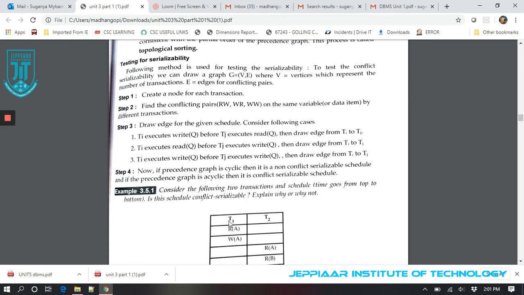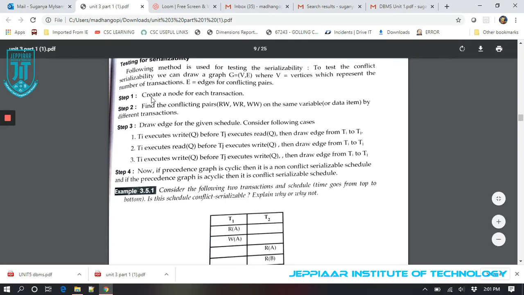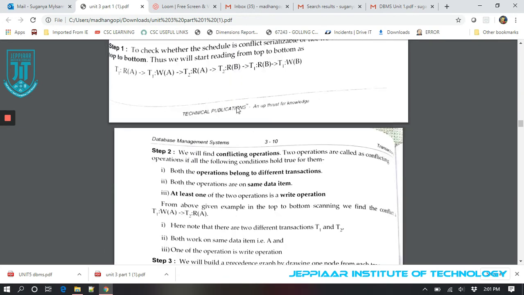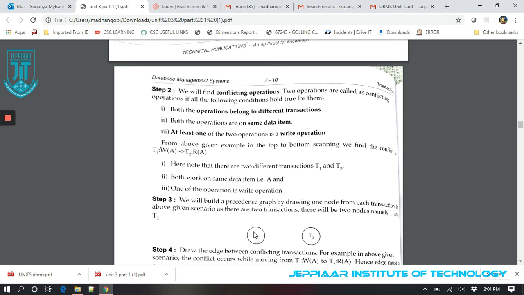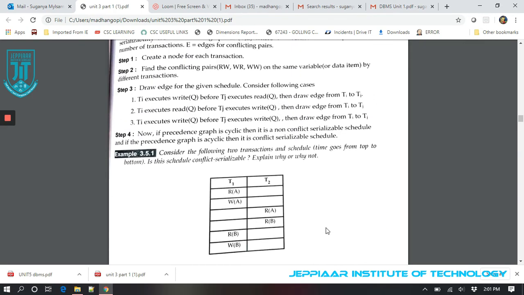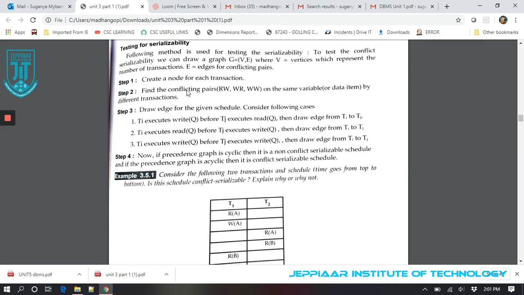So here is the testing for serializability. We are going to draw the graph. The first step is to create a node for each transaction, so we draw nodes T1 and T2, the two transactions that are there. Next, we find the conflicting pairs on the data items, to check if there is some conflict.